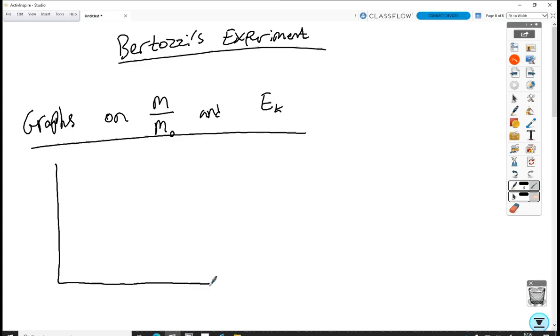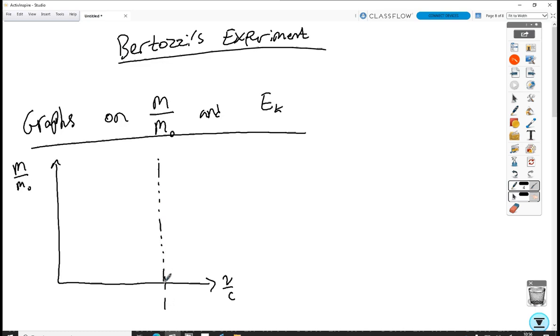So if we put m over m naught on the y-axis, and we put v over c on the x-axis. When v is equal to c, so if velocity is equal to speed of light, that will give us 1. So when v is equal to c, that gives us 1.